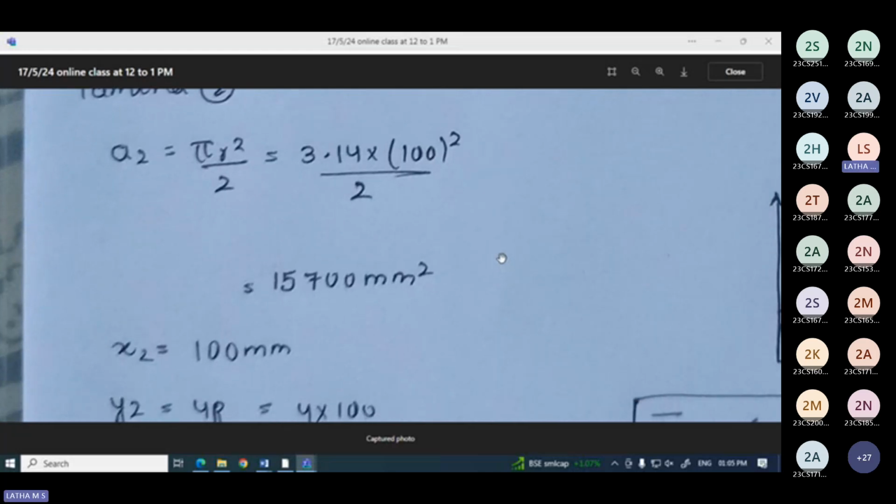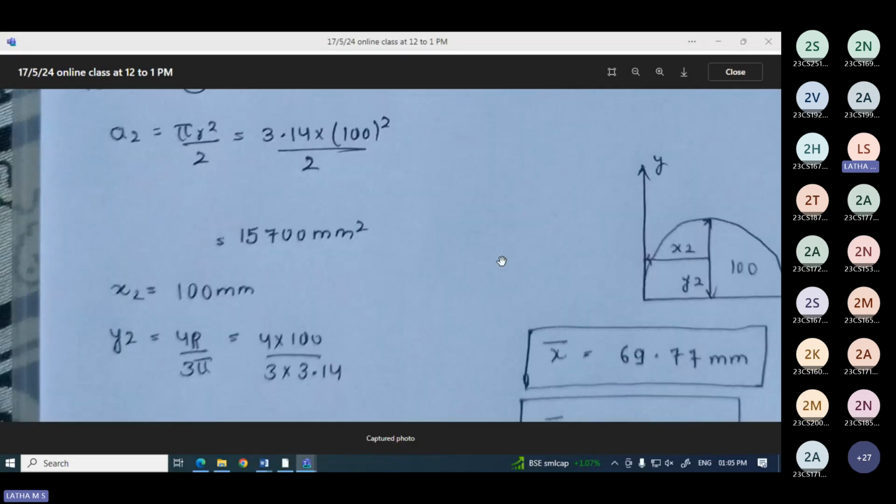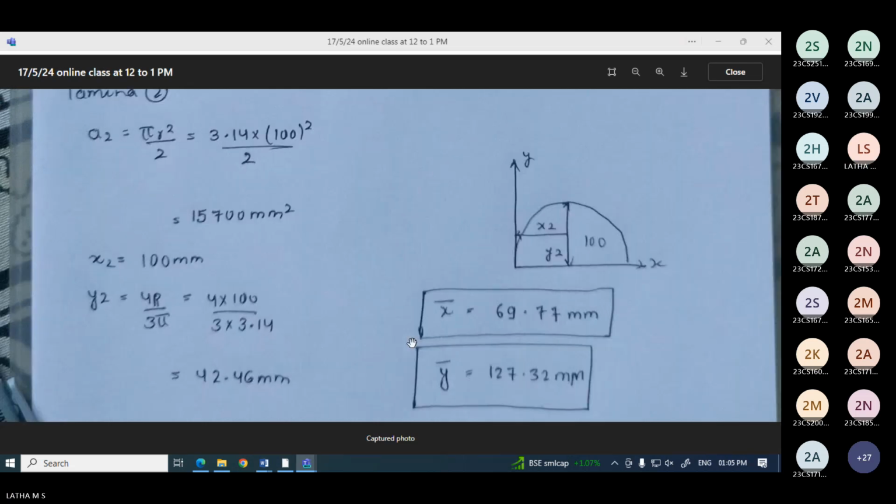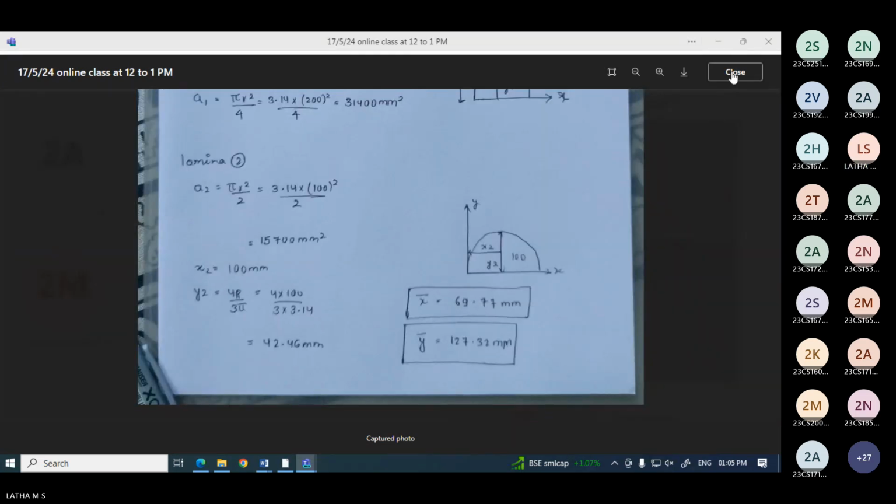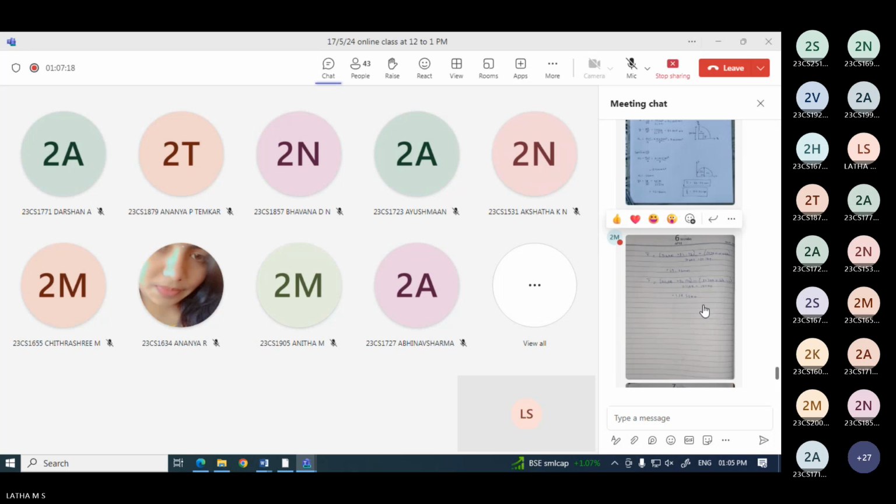Sometimes no students go wrong with the areas. Most of the time, students go wrong with the areas. So be careful while calculating the areas, also for a quadrant and a semicircle and for a circle also. Good attempt made by every one of you.